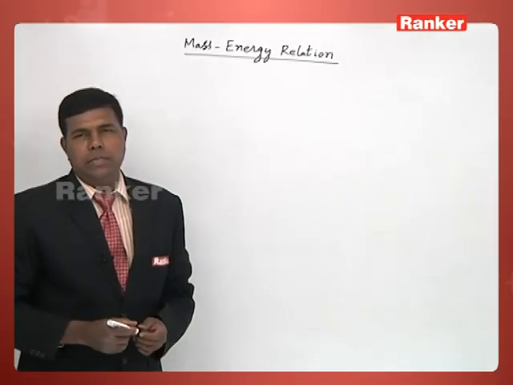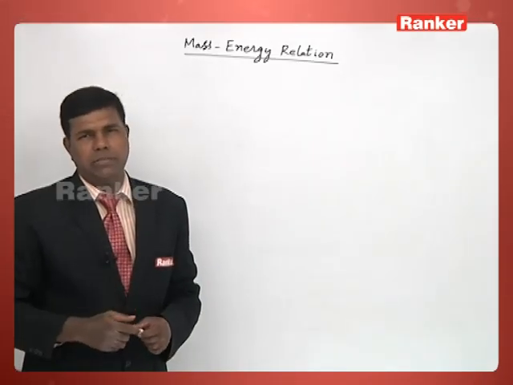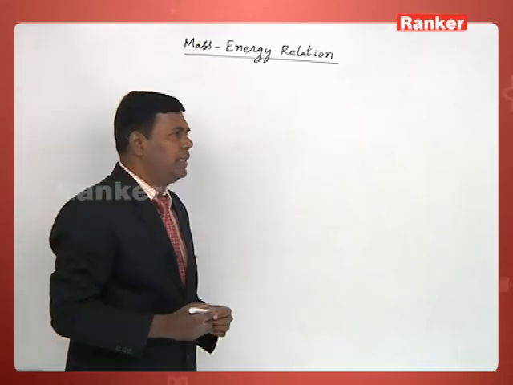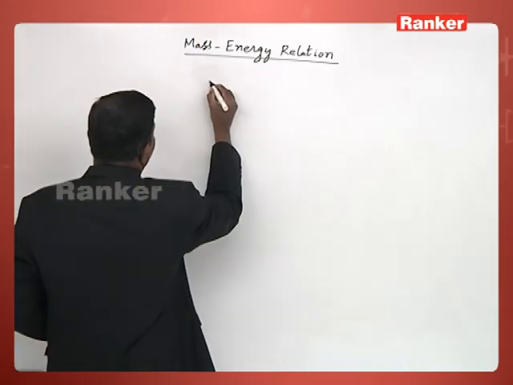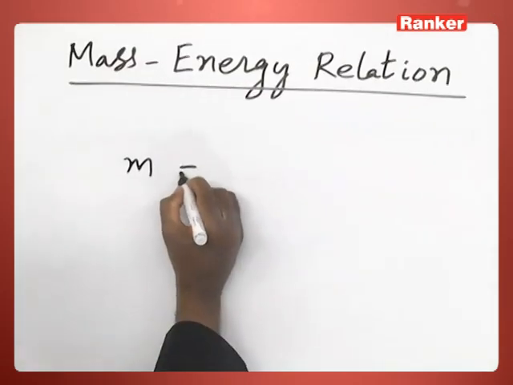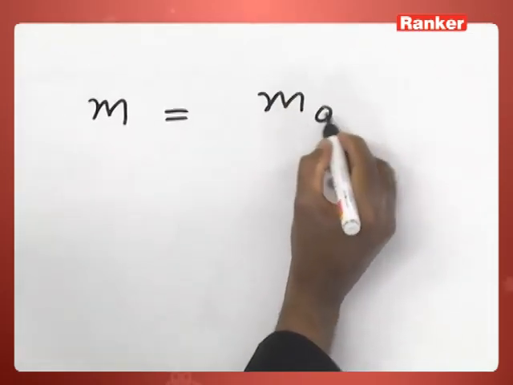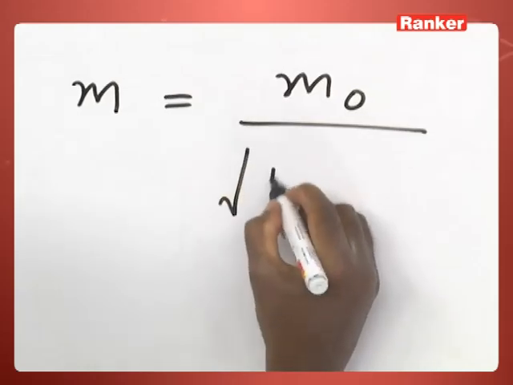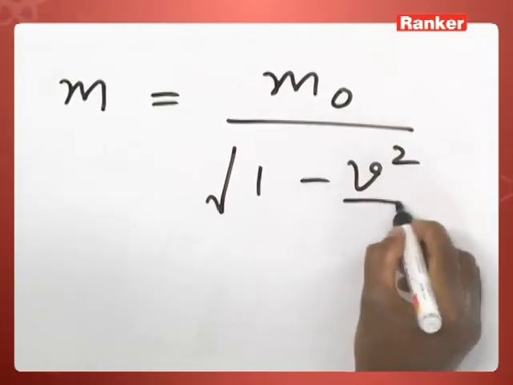Next, we'll use the variation of mass with respect to velocity given by the theory of relativity. The expression for the relativistic mass is m is equal to m naught divided by the square root of 1 minus v square by c square.